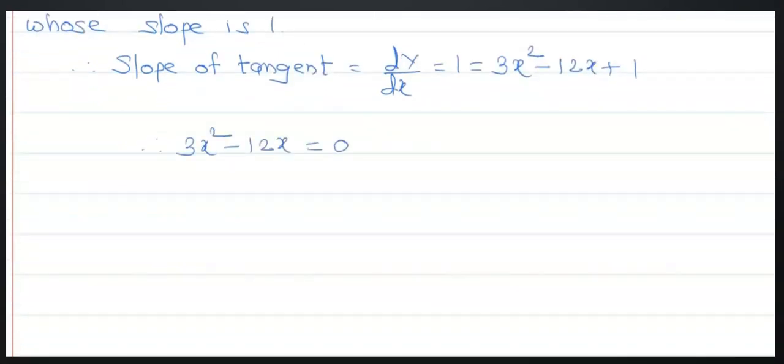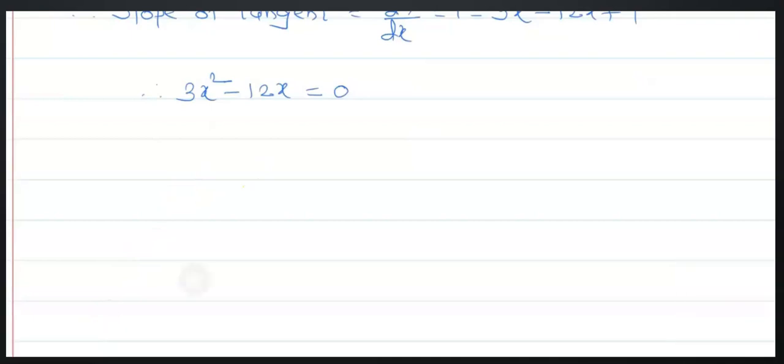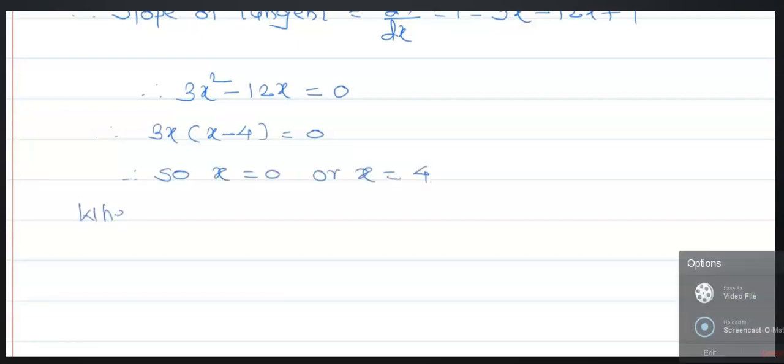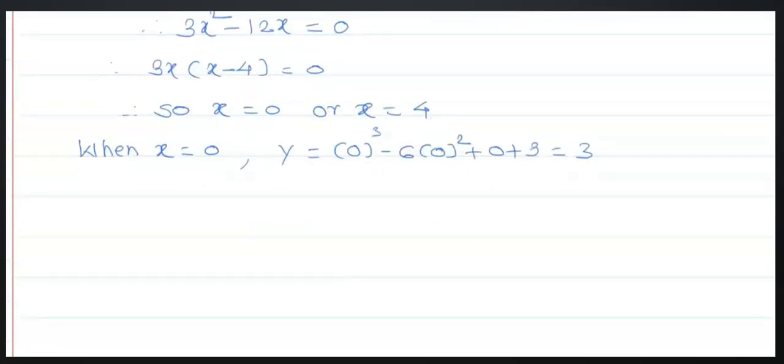Now solve this, that is 3x square minus 12x equals 0. Now factorize this, take 3x as common, then in the bracket you will get x minus 4 equals 0. That's why you will get x equals 0 or x equals 4. Now when x equals 0, the value of y equals 3.